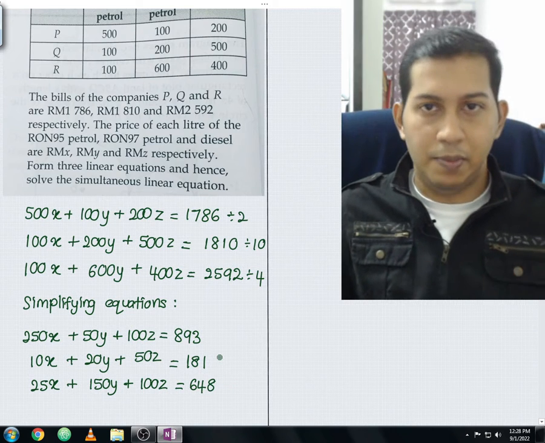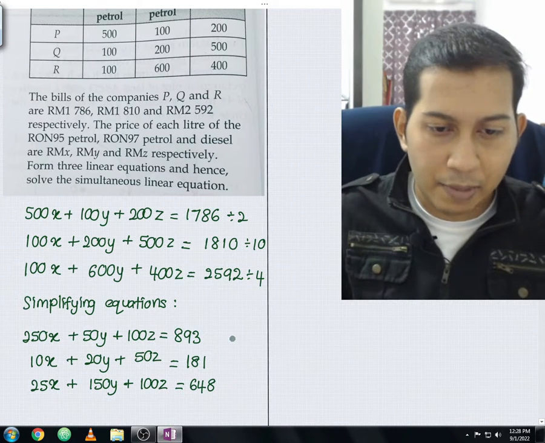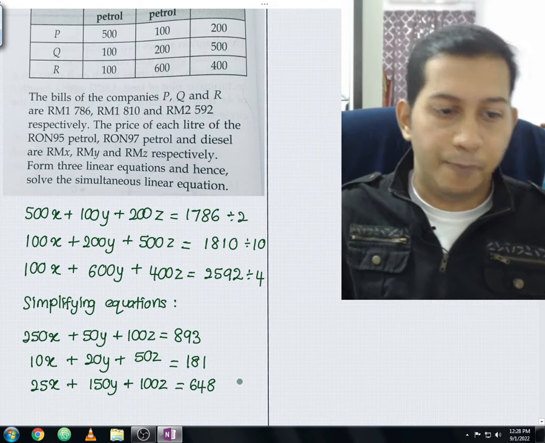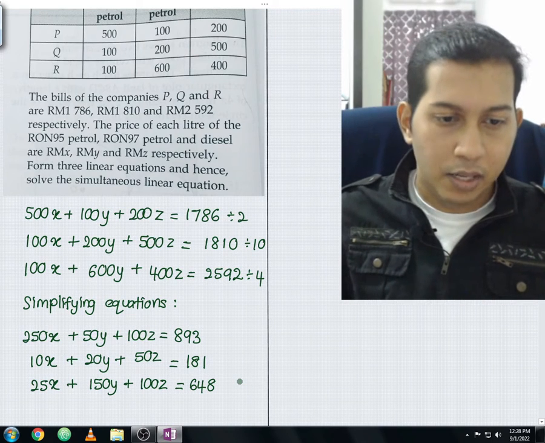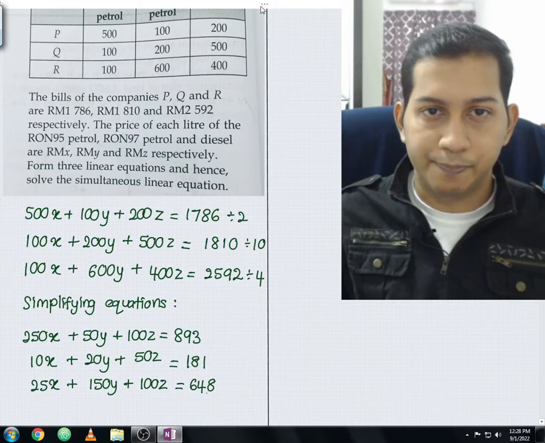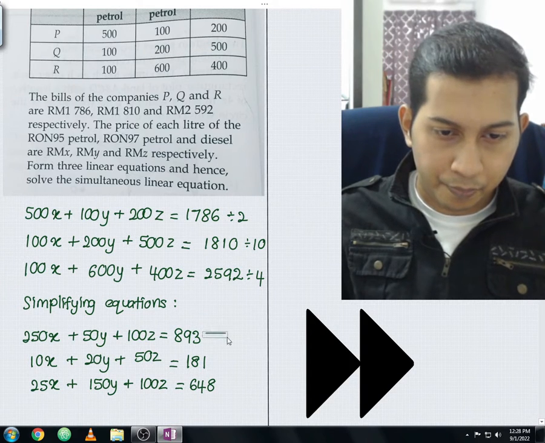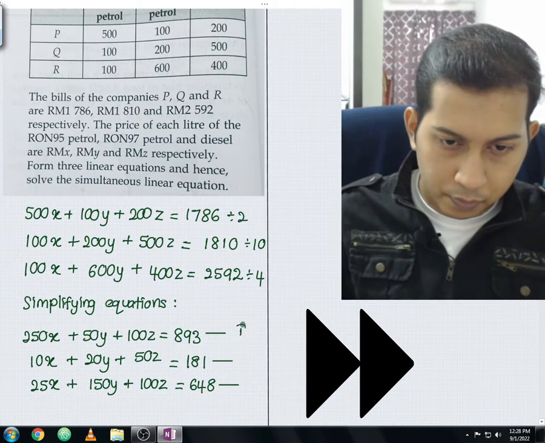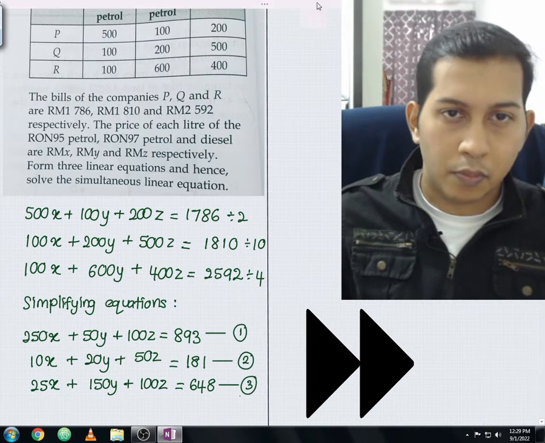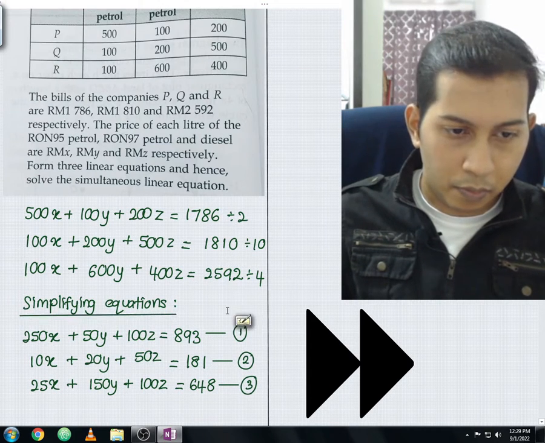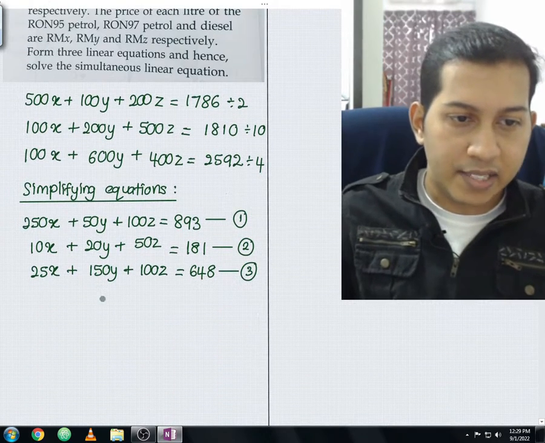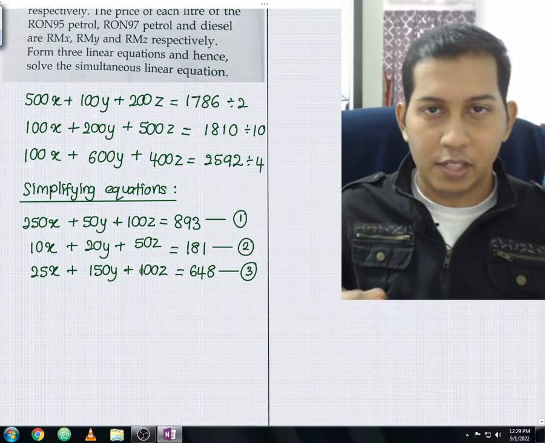So once you simplify this equation, now only we're going to label this as equation 1, equation 2 and equation 3 respectively. Please wait for a moment. So let me perform the labeling for you. Once we're done with the labeling, our next step will be reducing from 3 variables into 2 variables.